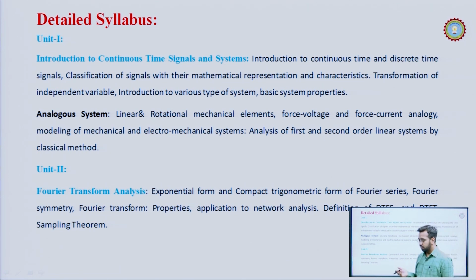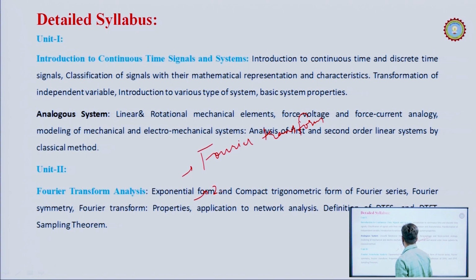But if we want to analyze the response of a system for different frequencies, that is done through various methods: the Fourier transform, and second, the Laplace transform.